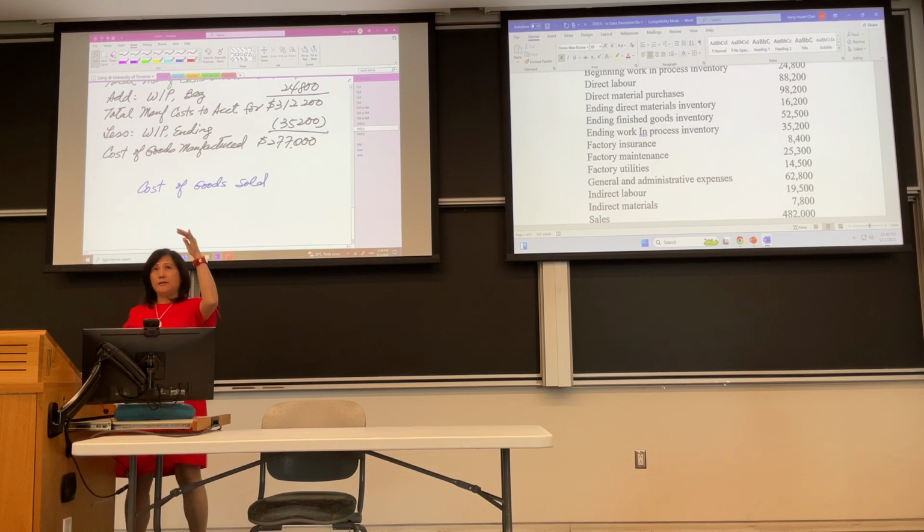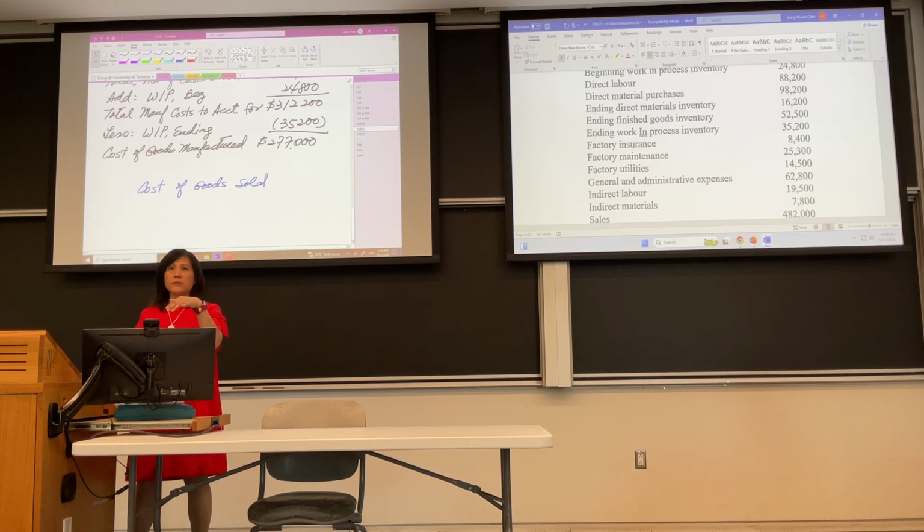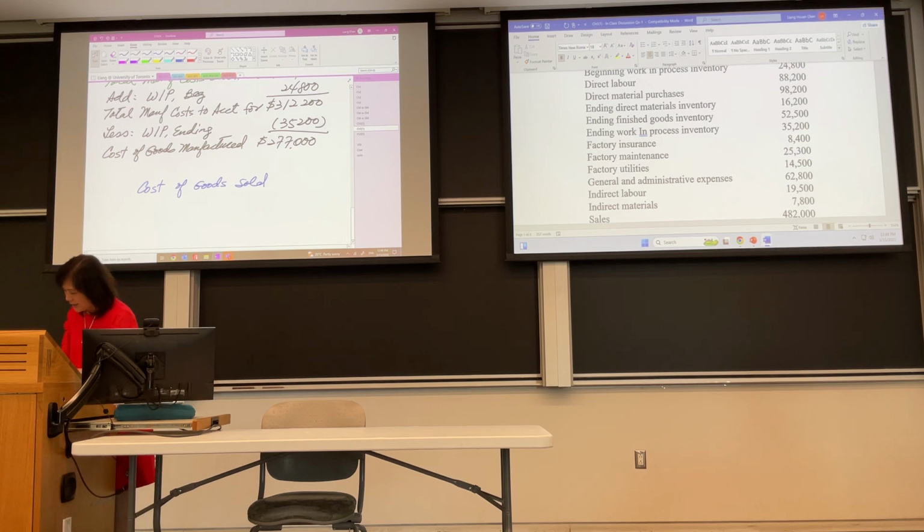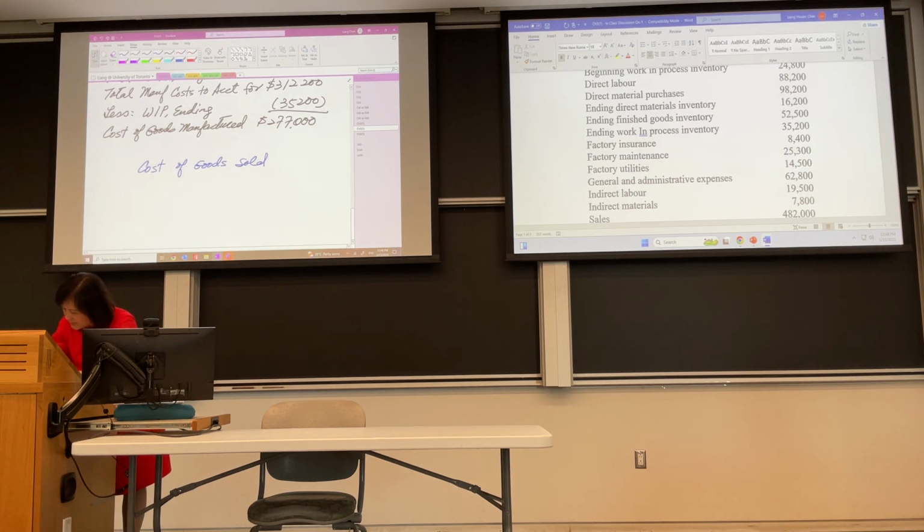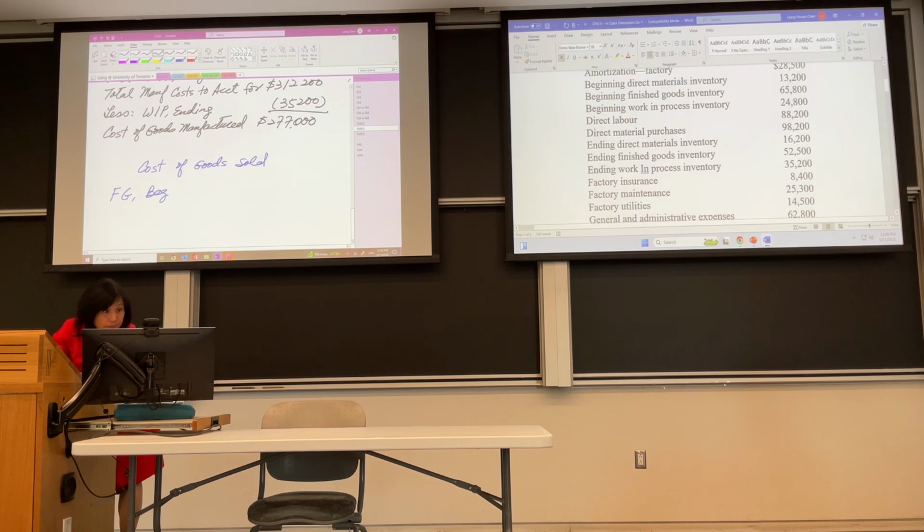We need beginning, ending inventory, beginning finished goods inventory. You add the additional production minus the ending finished goods. Okay, so finished goods beginning inventory.